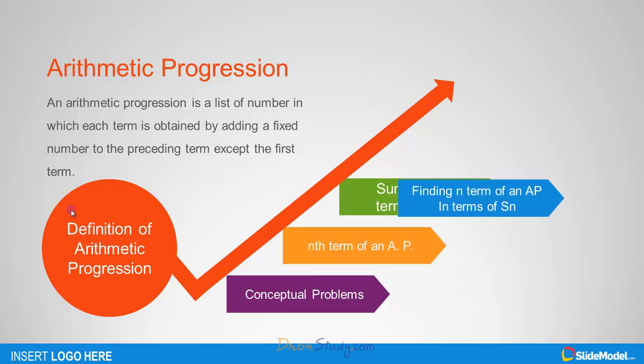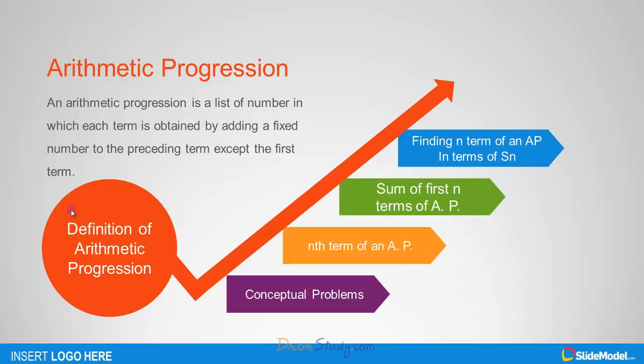Then the fourth step will be finding n terms of an AP in terms of Sn, where Sn is the sum of the numbers in a particular pattern. And the last step will be applications of arithmetic progression. So here friends, you have to walk with me 5 steps only to complete the arithmetic progression, so that you will be able to crack arithmetic progression problems.